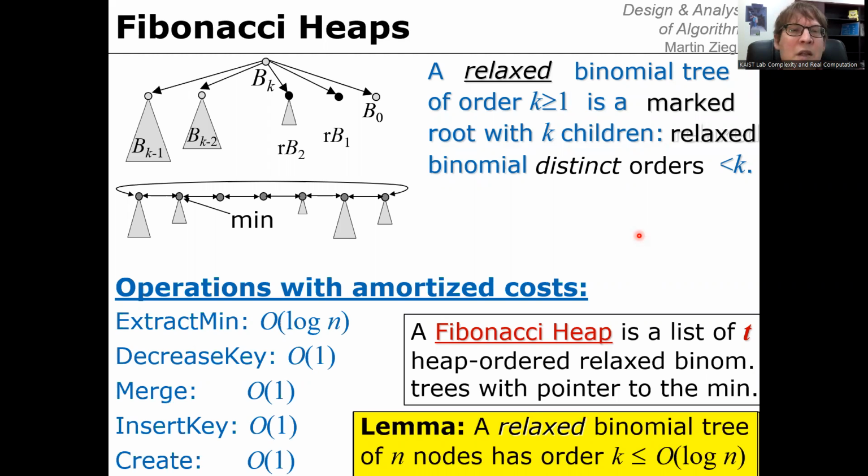And create one element Fibonacci heap has constant amortized cost. So this is the improvement over binomial heaps. Almost all operations have constant amortized cost, but caveat, the worst case cost of these operations can be much larger. But when we apply that data structure repeatedly, then recall that's the amortized cost that matters, not the worst case cost.